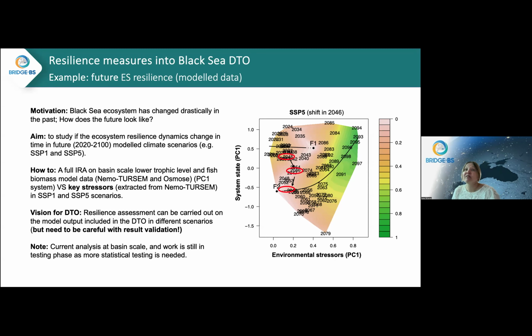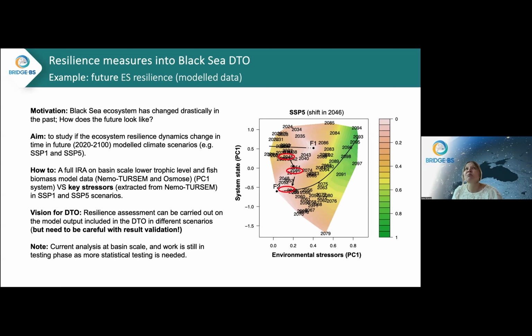And now, of course, we are very lucky because we have all the model results from the different SSPs. In this case, we've looked into the SSP1 and SSP5 output, for the years 2020 to 2100, using the output from METU's low trophic level model Nemotourism, as well as the fish model Osmos.